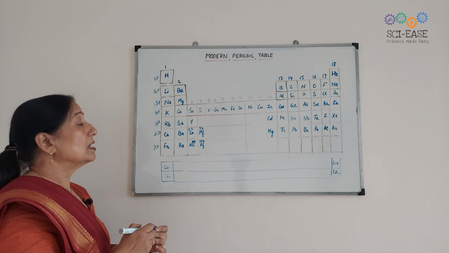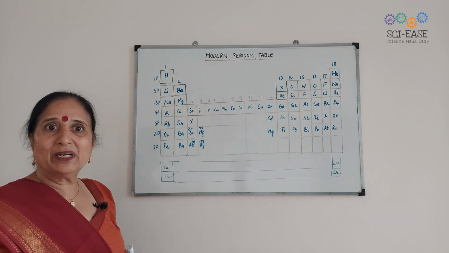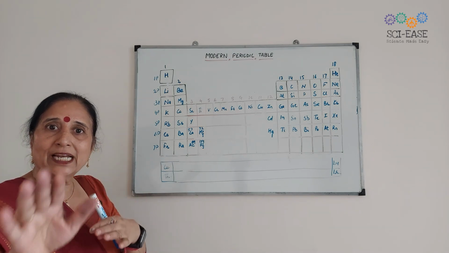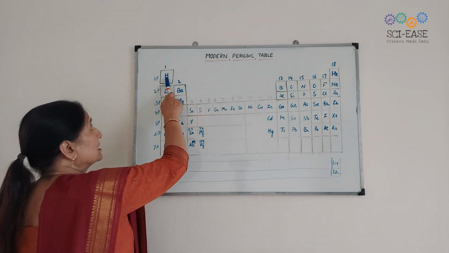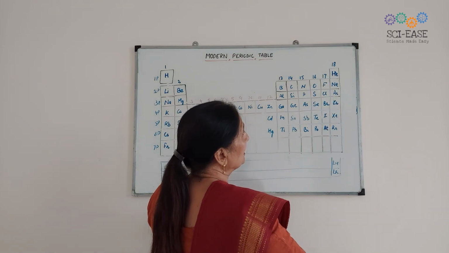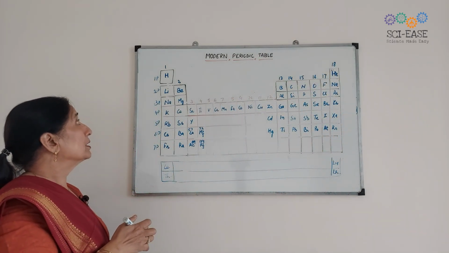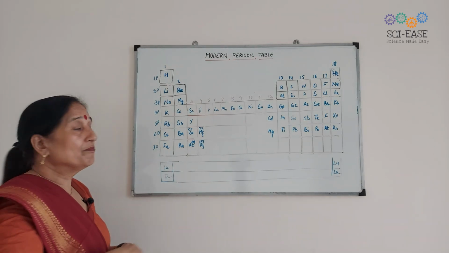Okay. Now, in the first period, only 2 elements are present, that is hydrogen and helium. Hydrogen has atomic number 1, helium has atomic number 2. Okay. Now, come to lithium.